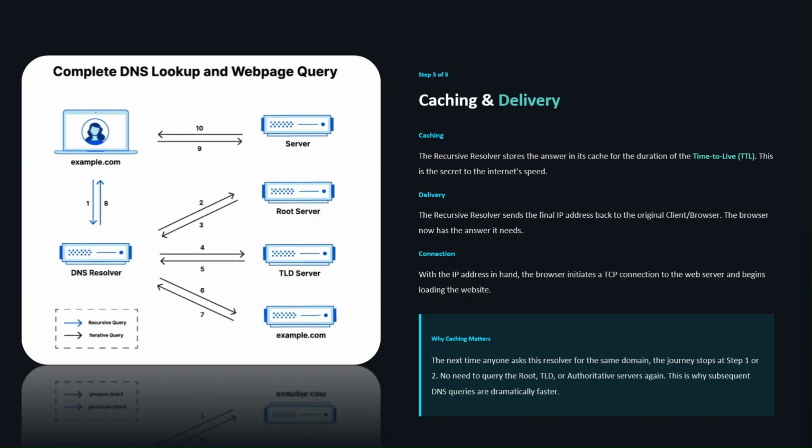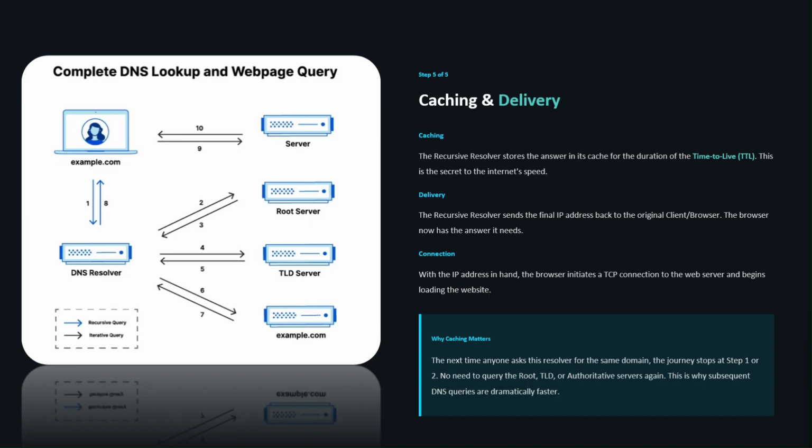The next time anyone asks the resolver for skillstaircase.com, the journey stops right here at step 1 or 2. Second, the recursive resolver sends the final IP address back to the original client or browser. The browser now has the IP address and can finally initiate the TCP connection to the web server and load the website.